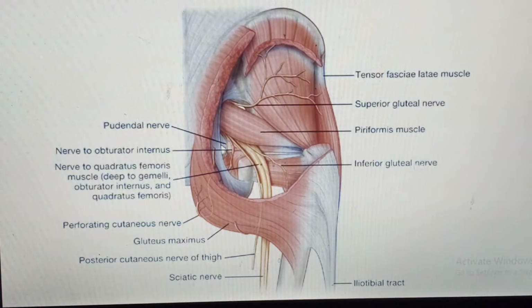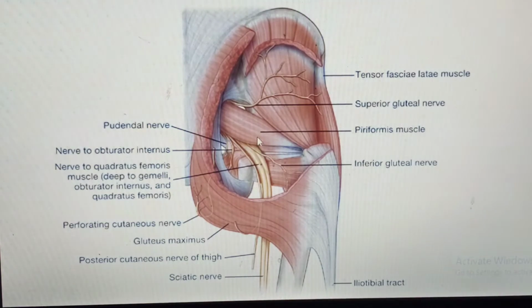Now, one thing that I want you to know is this muscle, which I call the piriformis muscle. Although it is inserting there, it is going to be an important landmark, because we said that the piriformis will leave the pelvis through the greater sciatic foramen to insert on the greater trochanter of the femur, so that we can get two compartments: a suprapiriformis area where the superior gluteal nerve and vessels will arise, and below it, the inferior gluteal nerve and vessels will also arise.